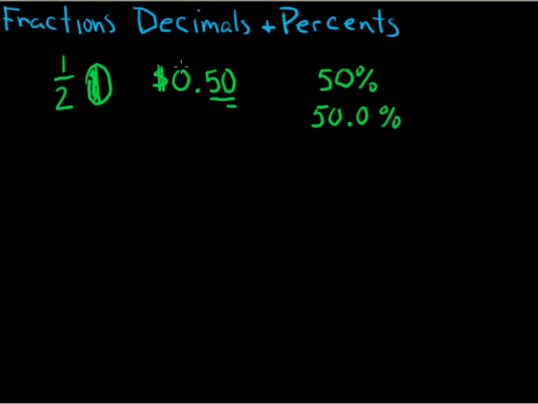See, there's the ones, tenths, hundredths, 50 hundredths. Write that as a fraction. We have 50 hundredths. Simple as that. 50 hundredths, the fraction, 50 hundredths, the decimal, and 50%.